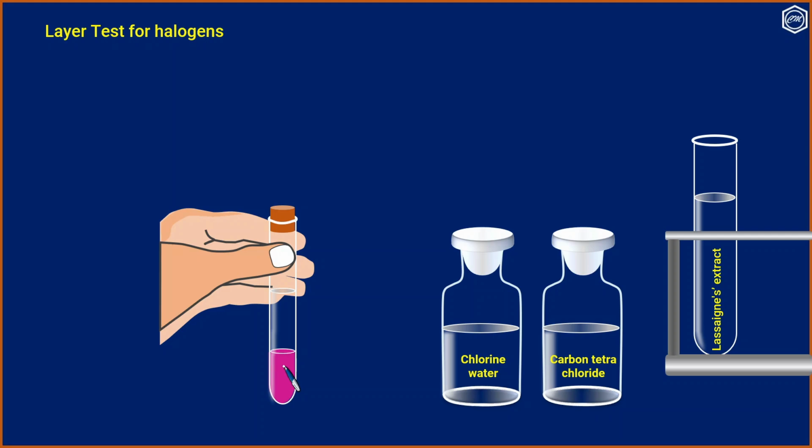If iodine is present, a violet color is observed for the carbon tetrachloride layer or organic layer, and the aqueous layer will be almost a clear solution. This is because iodine is soluble in the organic layer but not in the aqueous layer.